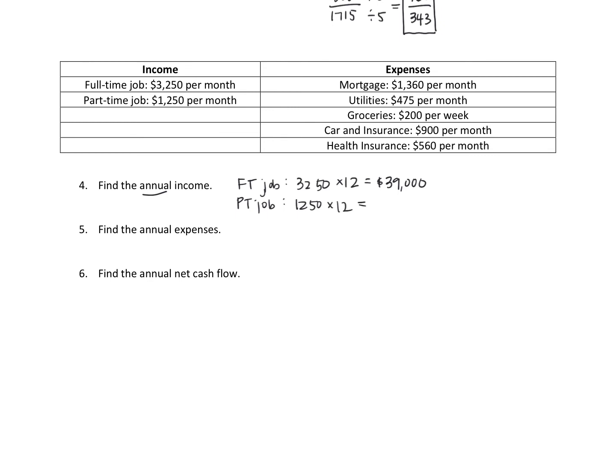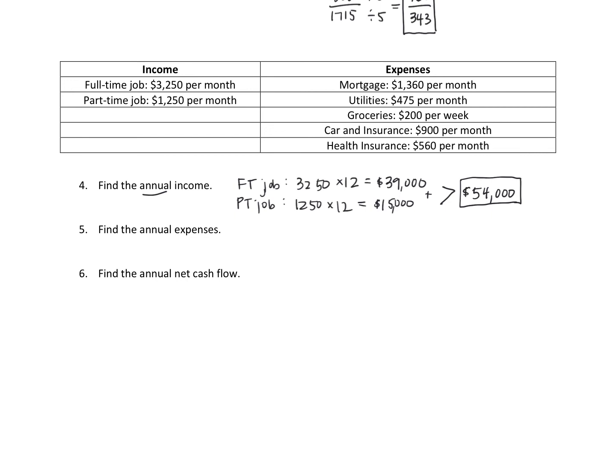And we get $15,000 for that. And so then we can just add those together. So $15,000 plus $39,000 gives us $54,000. So that's number 4. The annual income is $54,000.